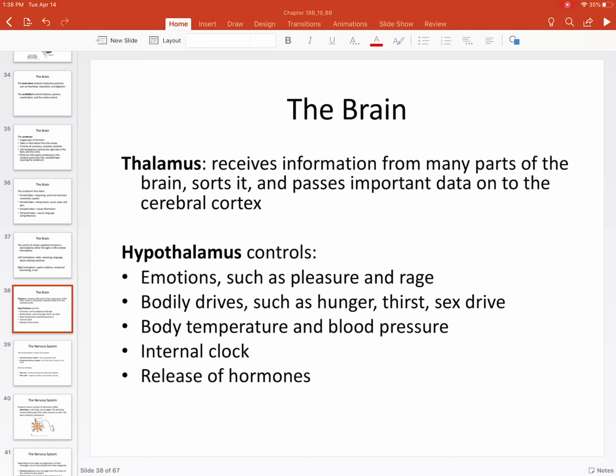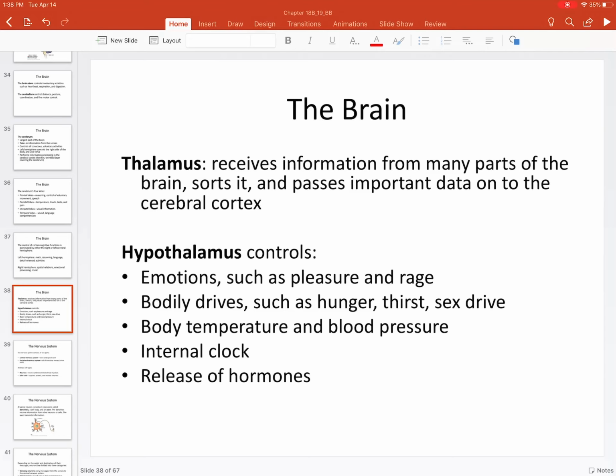That control comes from the hypothalamus. So if you are having some sort of malfunction with your hormones, sometimes they'll come back, if it's not your thyroid, and look at your hypothalamus and see, is there a tumor or something else going on there, an aneurysm that might be causing the hypothalamus not to send out the signal saying, hey, make this hormone, or wake up at this time, or control my temperature.